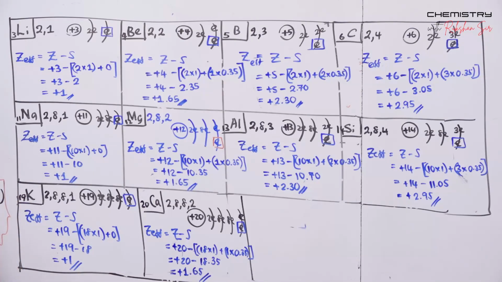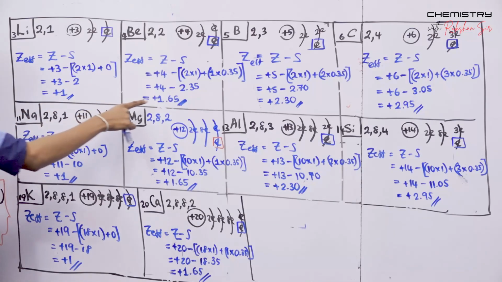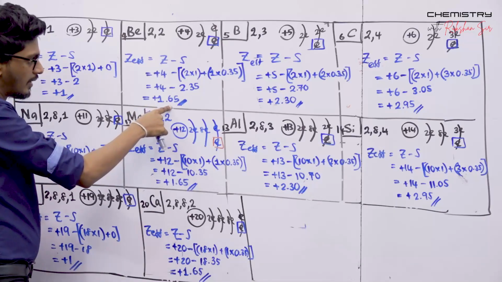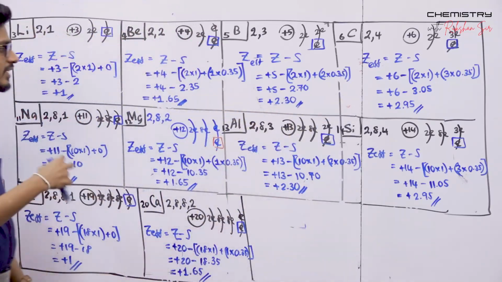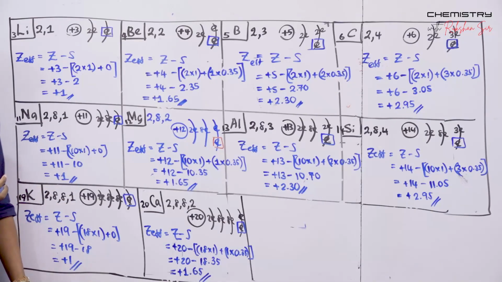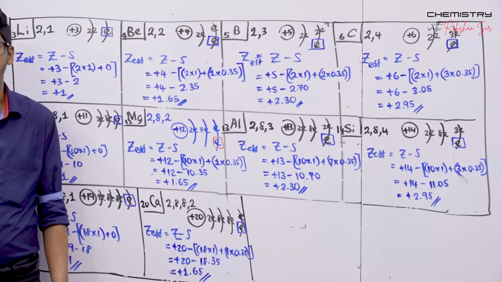What happens when going towards the right? Do you see the trend, Chris? Going towards the right, it increases, no? It increases. So starting with plus 1, it is plus 1.65, plus 2.3, plus 2.95. So it is increasing by 0.65 units.